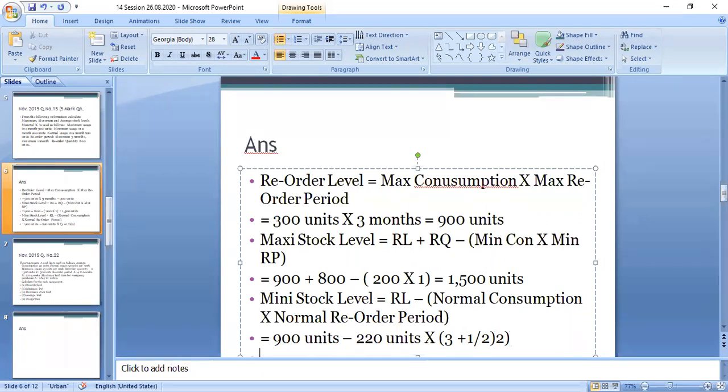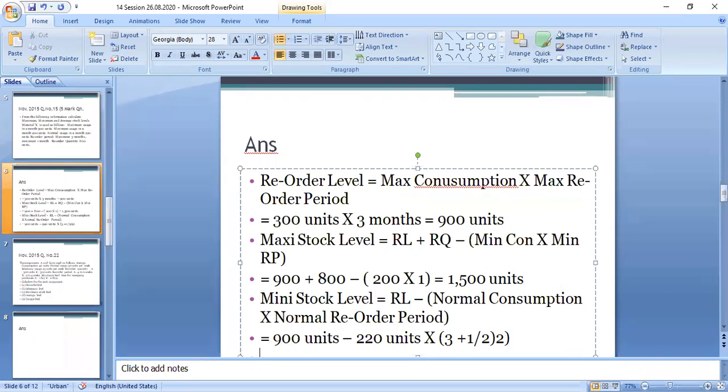So then the answer is 900 minus 440. 900 units minus, multiplying this 2 into 220, 440.